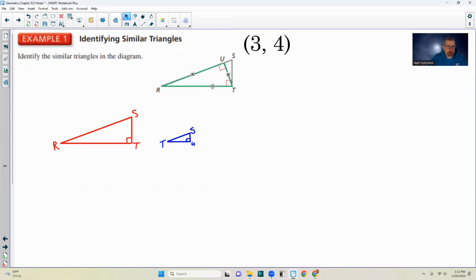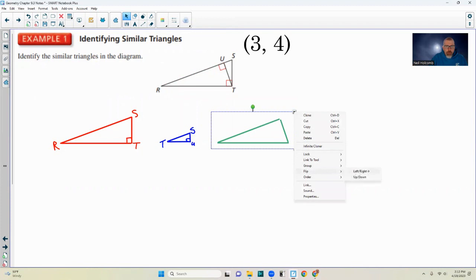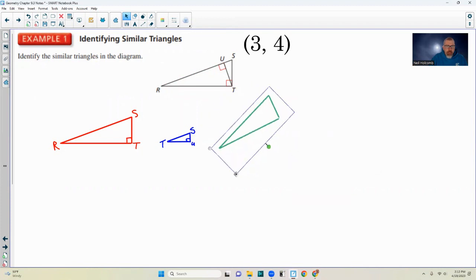Shift this, group, then this and what I just grouped, and group. Let's see if that worked. Okay, so there it is. But that needs to get flipped. Flip left to right, rotate, and there we have it.